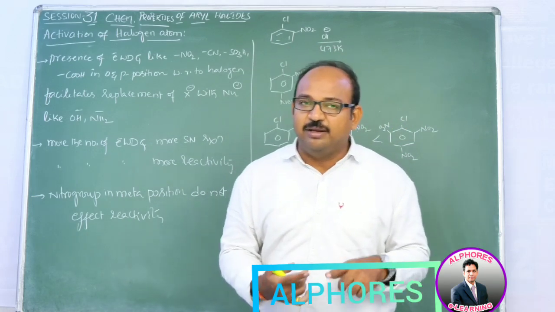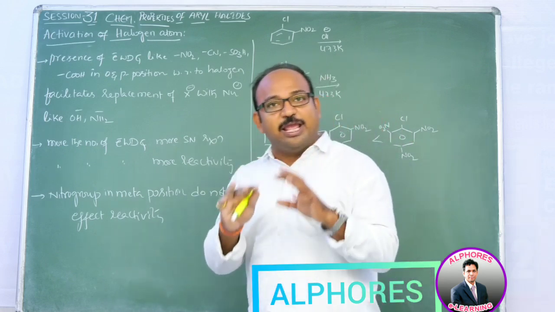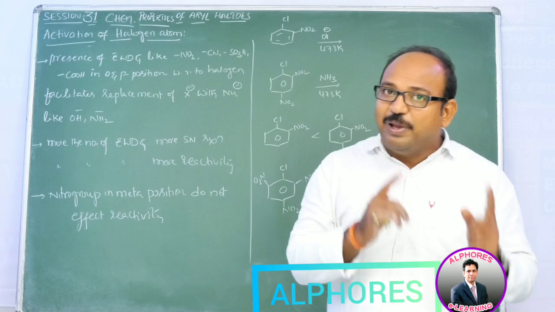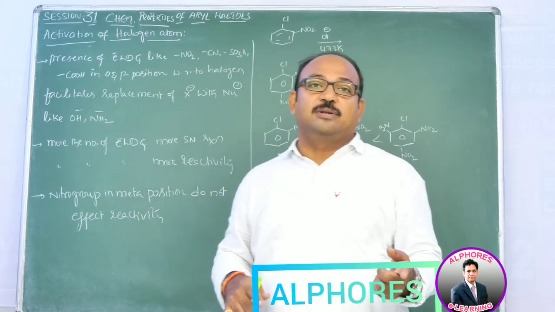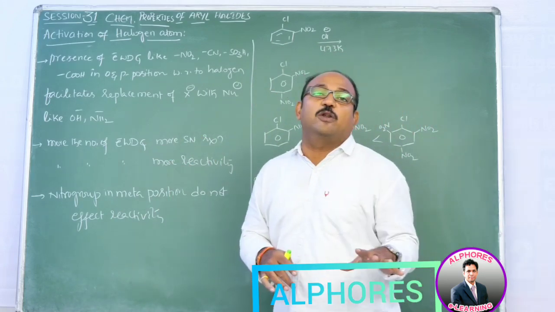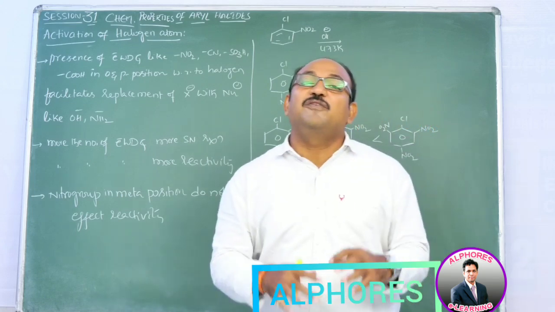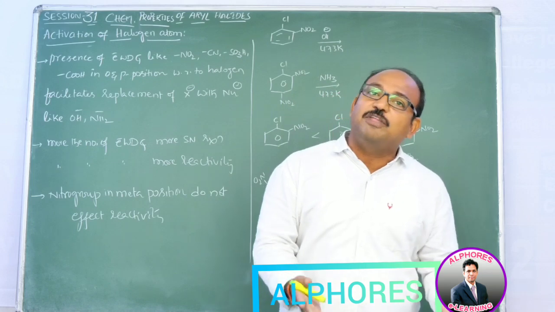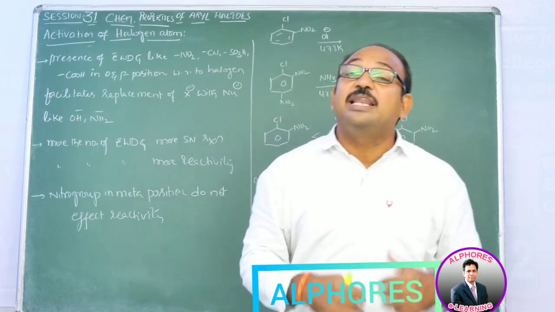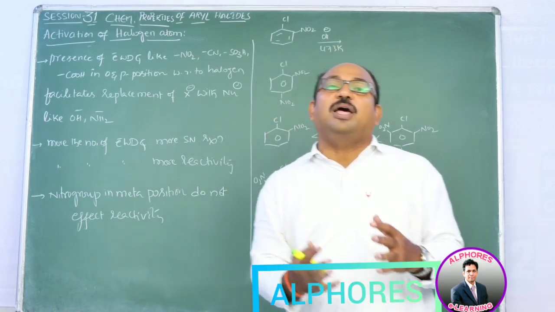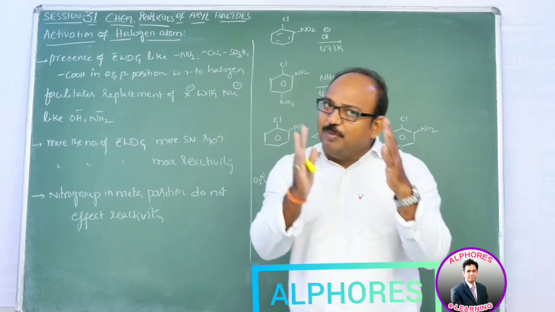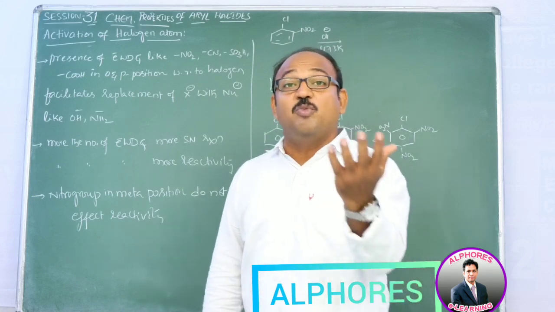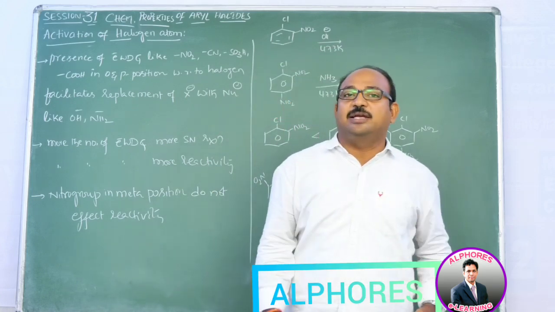I am repeating once again, a greater number of electron withdrawing groups is required. In which position do they need to be? Ortho and para with respect to halogen. In such positions, if electron withdrawing groups are there, they increase the reactivity of that particular aryl halide. So compared to normal chlorobenzene, ortho-chloronitrobenzene is more reactive towards SN reactions.